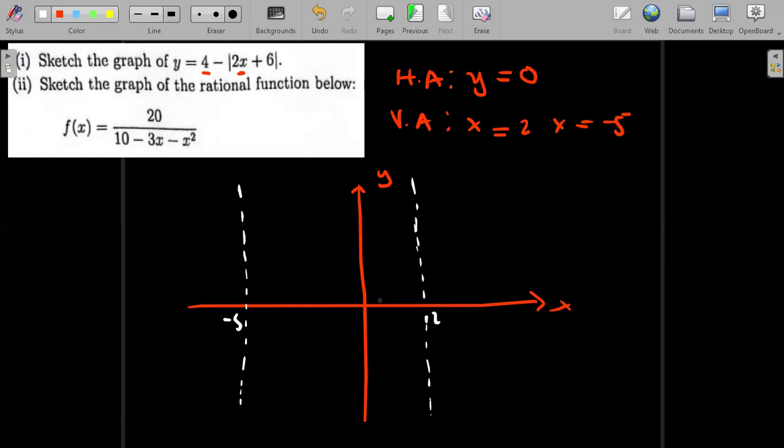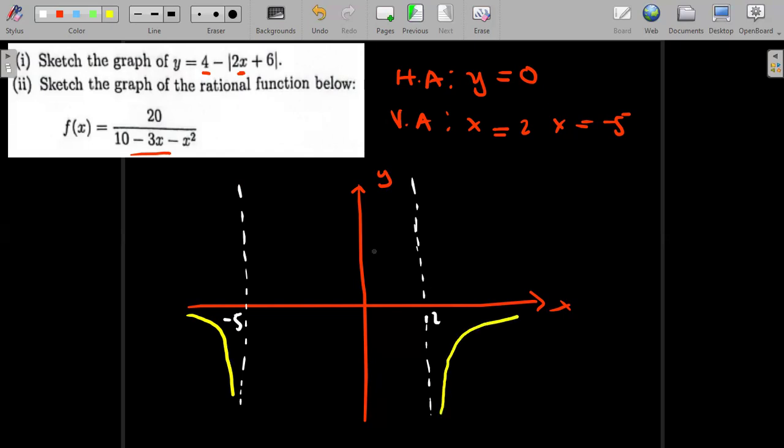Then you can check that as you plug in values that are less than -5, you always get negative values. When you continue plugging into this function, the corresponding values you get are negative. You can pick values, but then this graph will come like this. And on this other side as well, you'll get the same, like that.